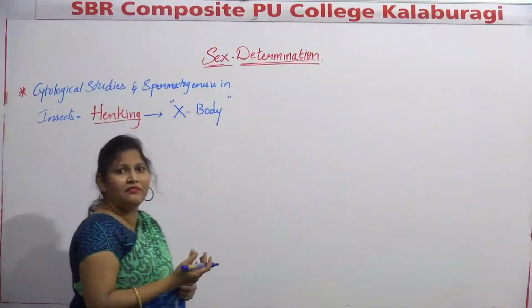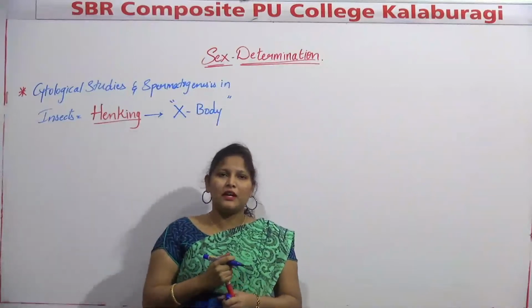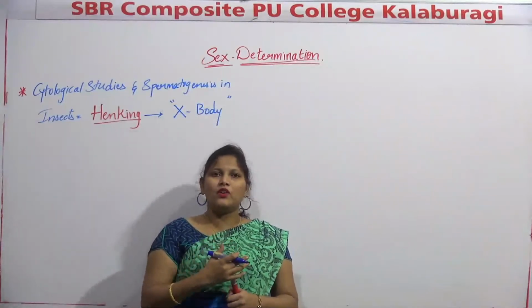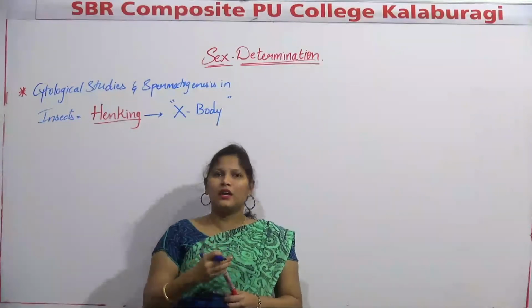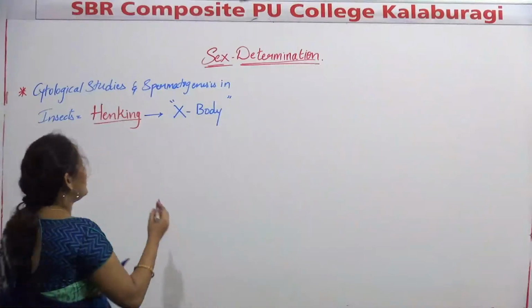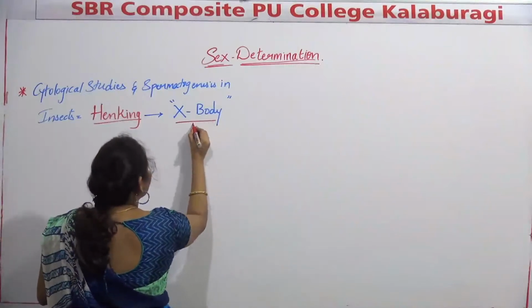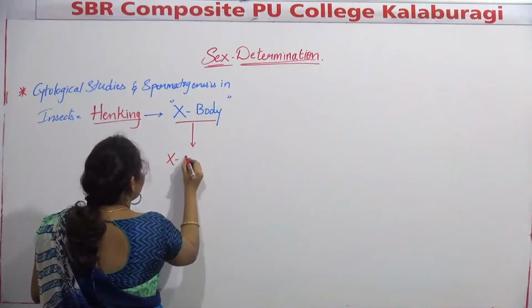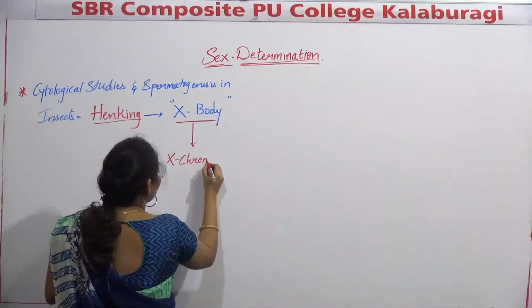But Henking failed to explain the significance of the X body. Later on, other scientists told that this X body is nothing but the X chromosome.